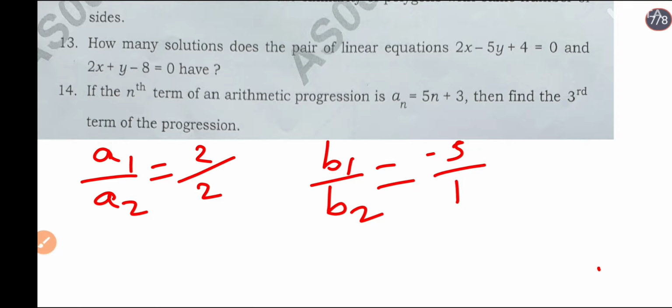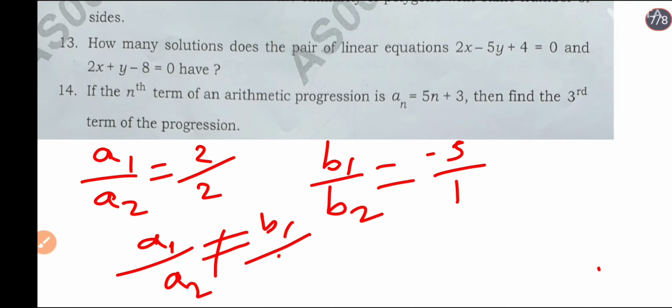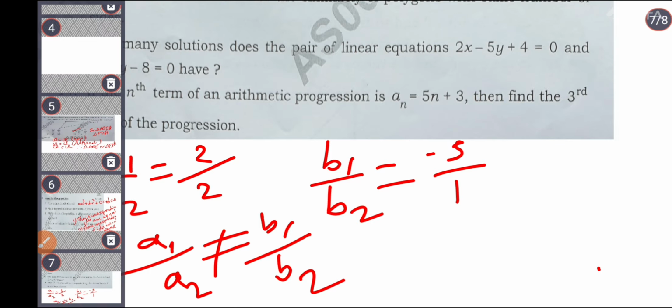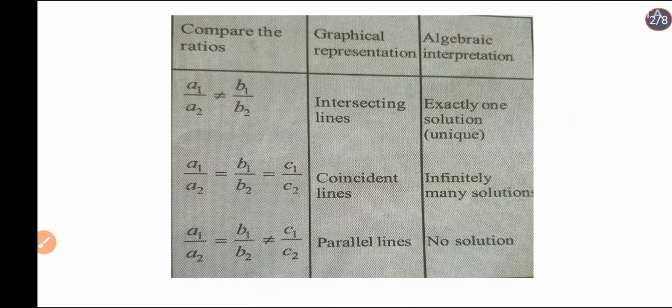Here a1 by a2 is not equal to b1 by b2. If these two are not equal, the equations have only one solution, that is a unique solution. If you want, I'll show you. If a1 by a2 is not equal to b1 by b2, there is exactly one solution, that is a unique solution, and the graphical representation will be intersecting lines.